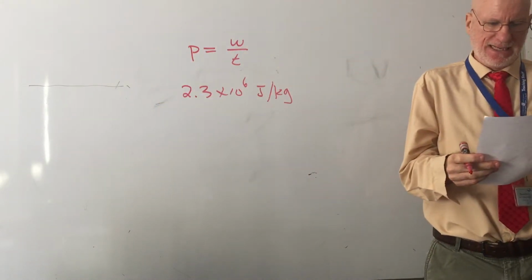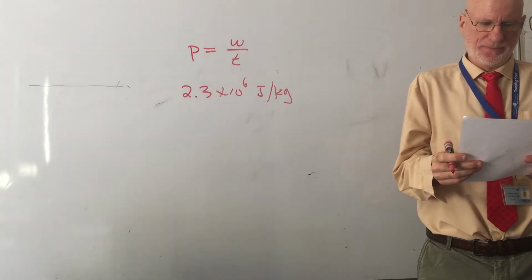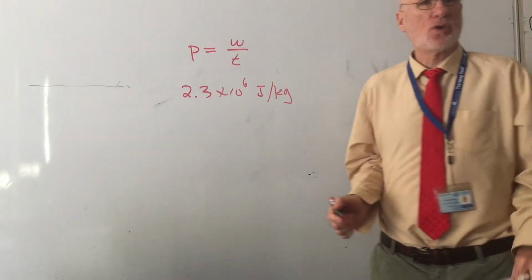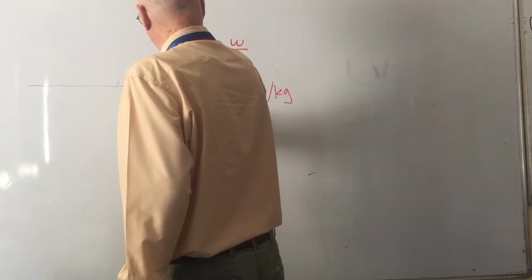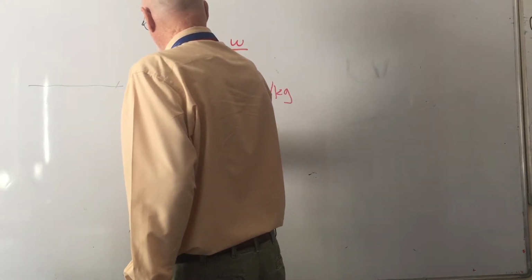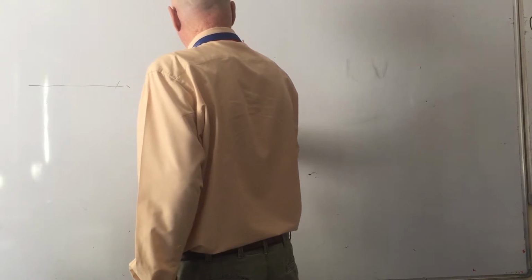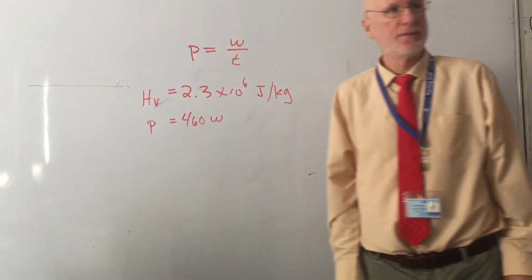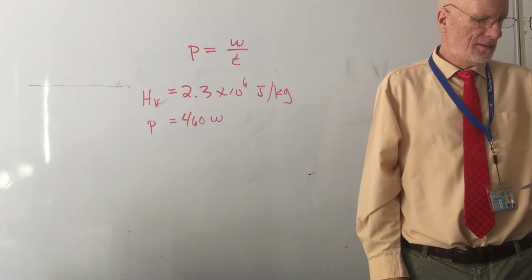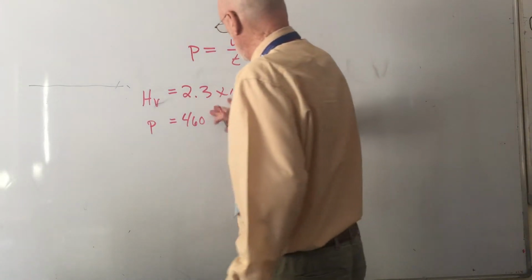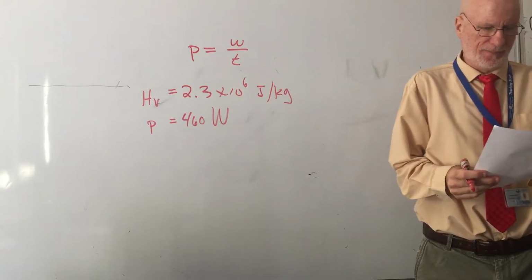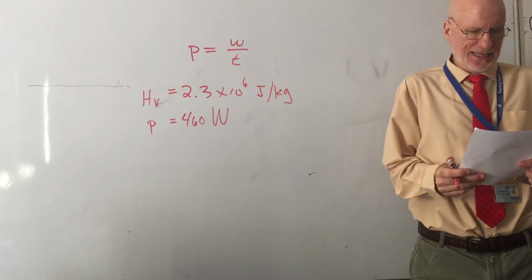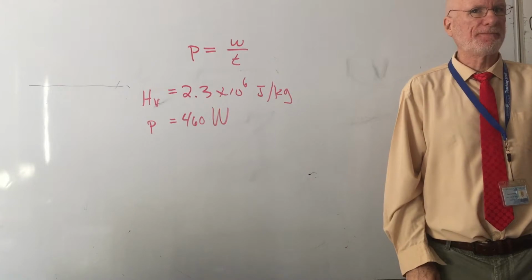All right. It says the thermal energy supplied is 460 watts. That's going to be HV. The power is going to be 460 watts. Okay. It says calculate the mass of the water.